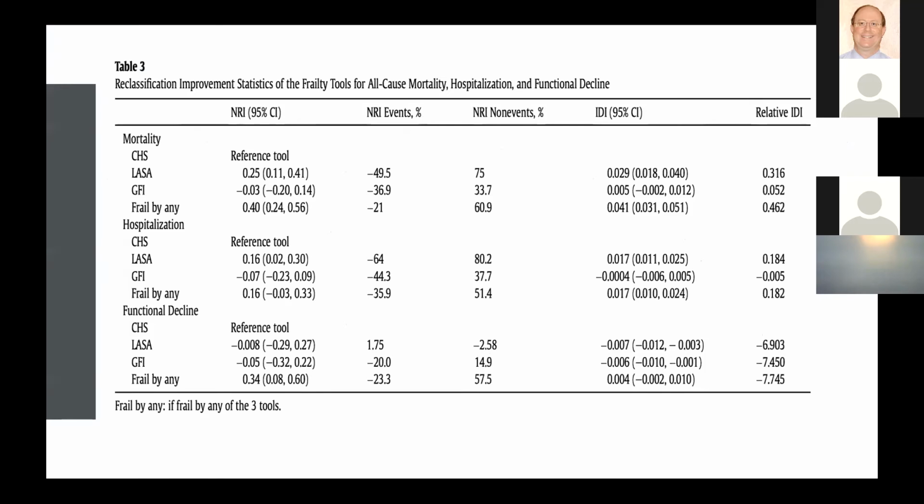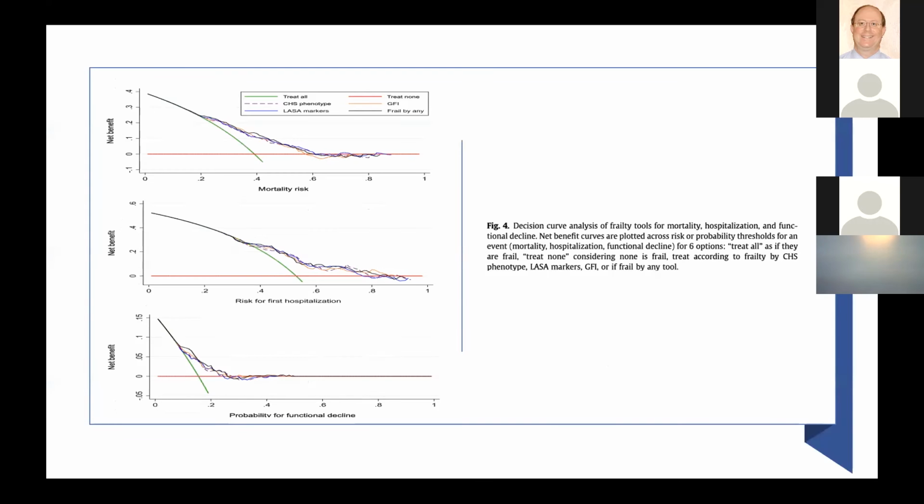Then they looked at reclassification statistics, and when they started to reclassify, only the longitudinal study markers were significant for hospitalization and showed improvement. Not to complicate it any further, but just to drive home the point, they did a decision curve analysis.